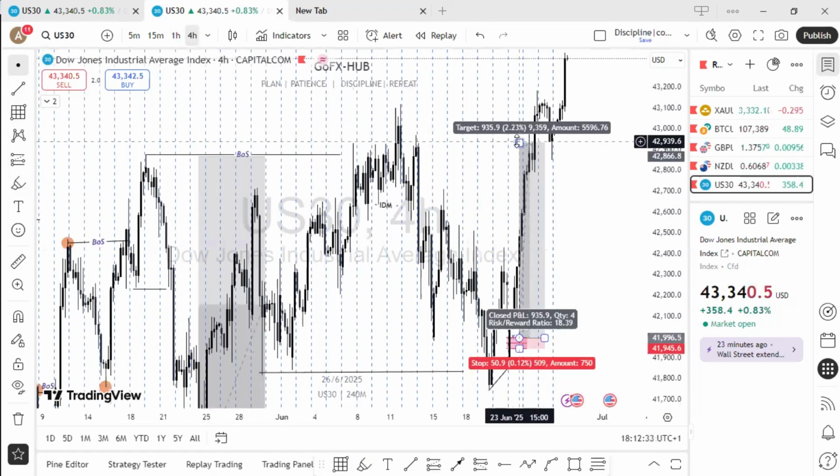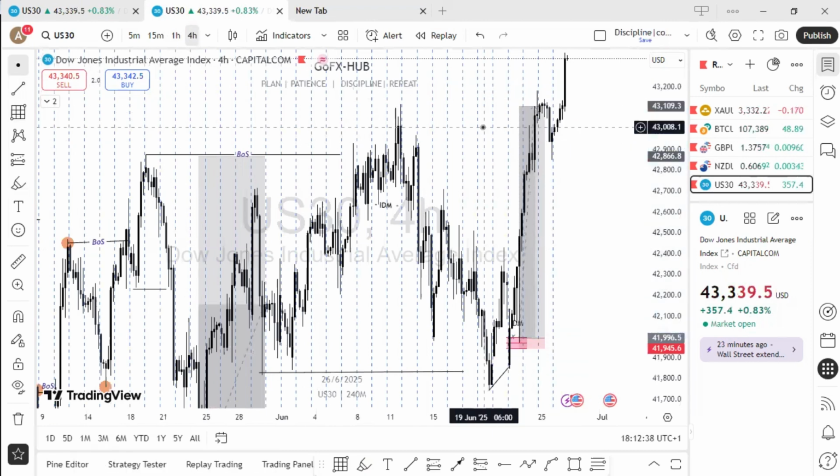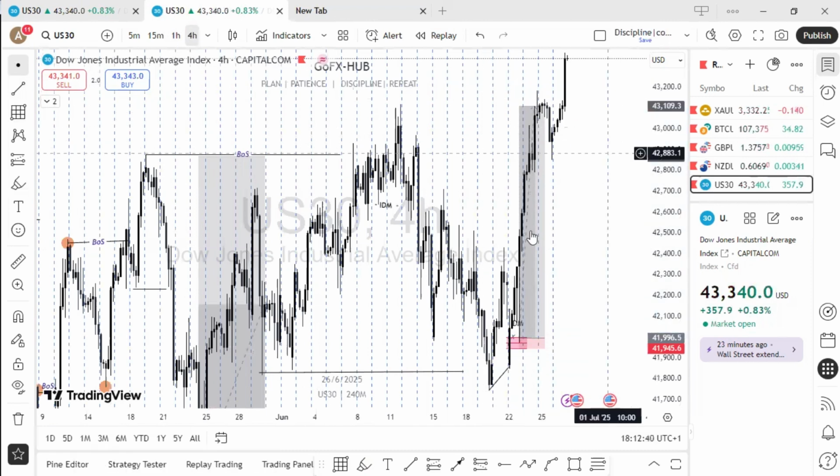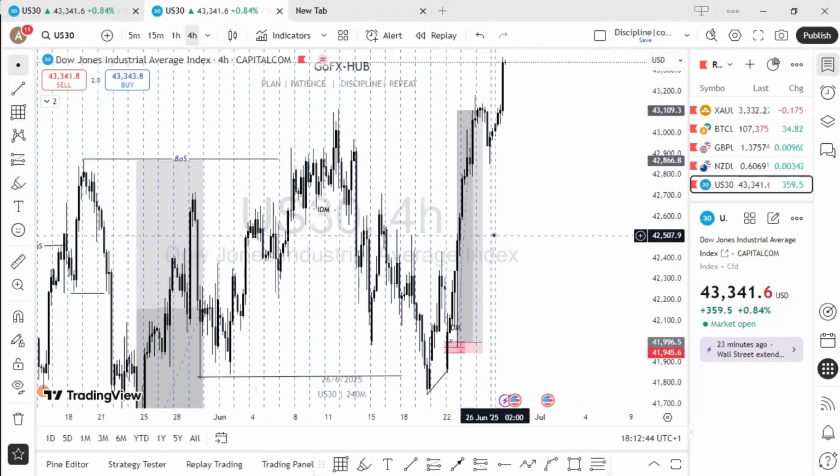Are you seeing that? Because it's still a bullish market. So you can see what happened here, the turnout was 1:21 and everything. So this is how you execute your trade and do your top-down analysis.